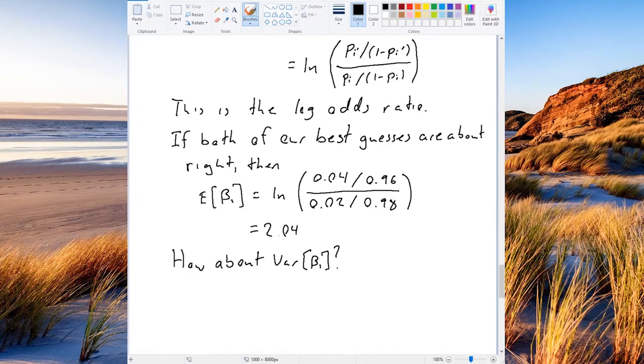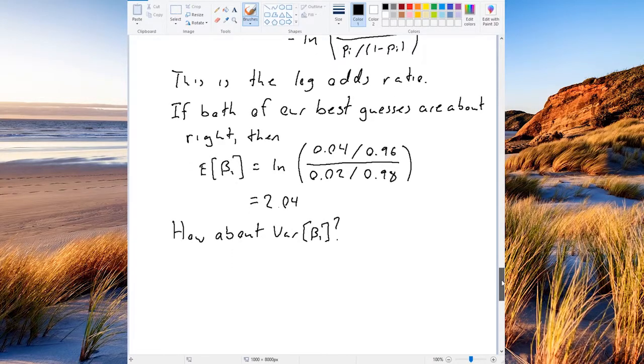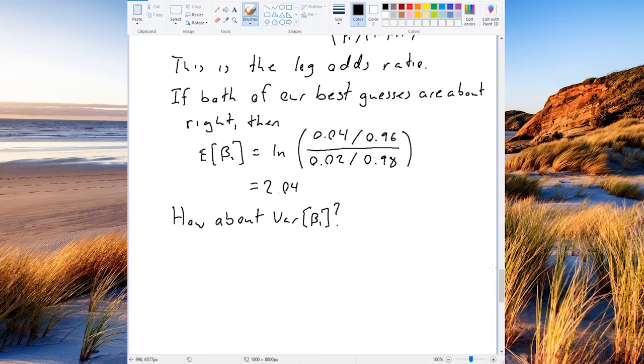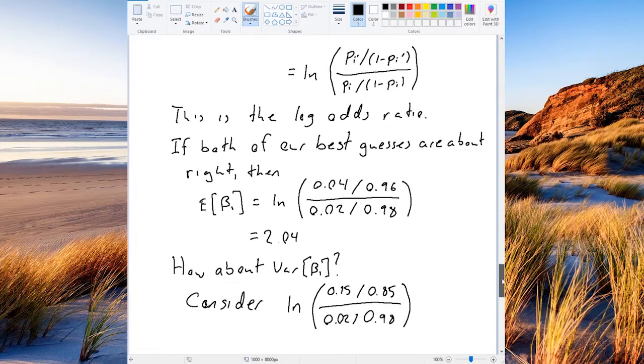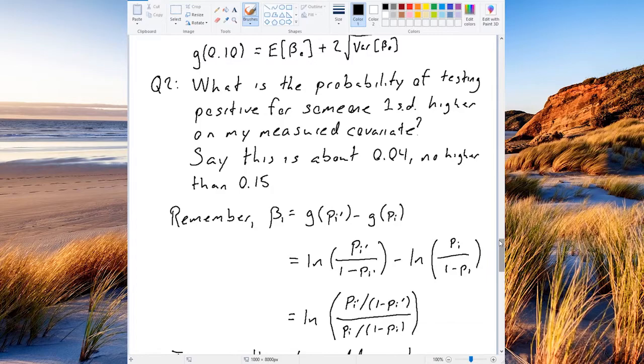So I think the easiest way, and I'm kind of doing this on the fly, but I think this should be reasonable, would be to consider the odds ratio comparing the probability of testing positive for my one standard deviation higher group.